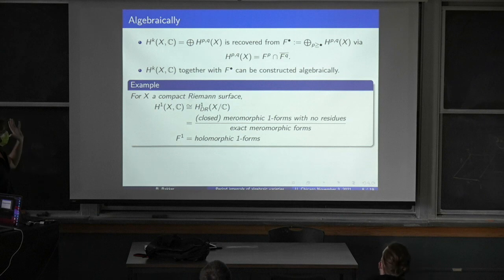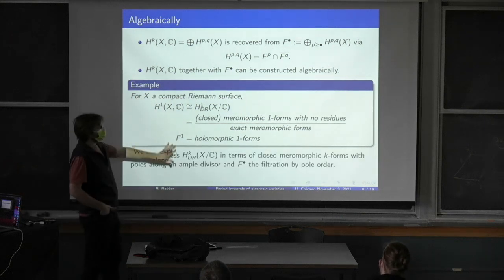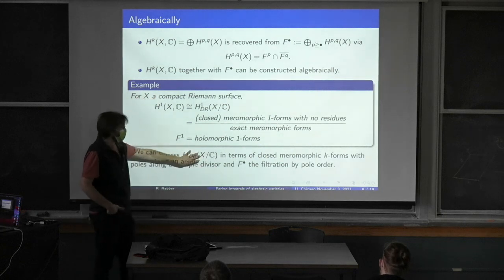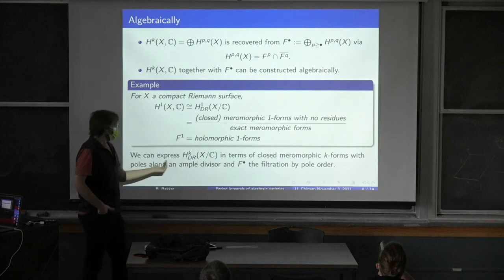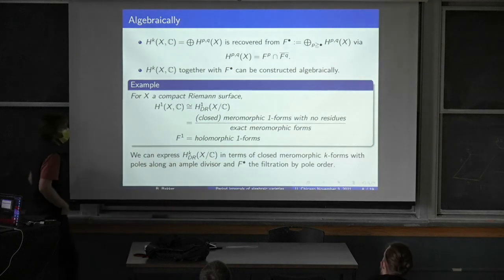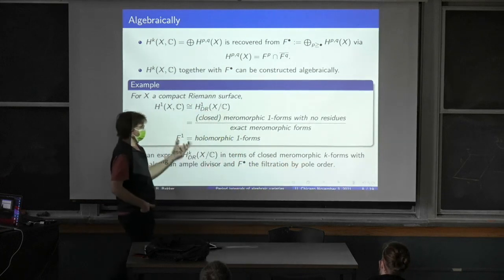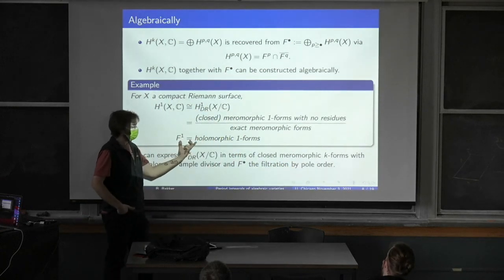In the general case, there's a variety of ways to do this. The most concrete way to understand this is the higher dimensional analog of this. Basically, we can still think of de Rham cohomology in terms of closed meromorphic forms where we allow poles along some ample divisor. And then this filtration F is the filtration by pole order. So you can see that happening here. This is where you have no pole, i.e. you're holomorphic.